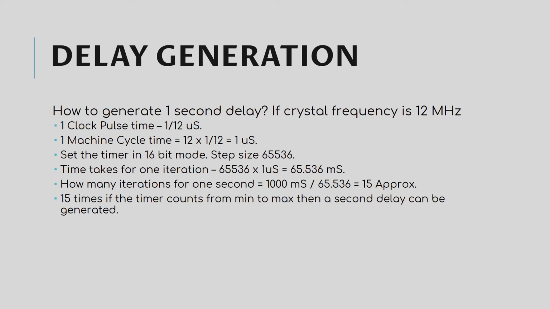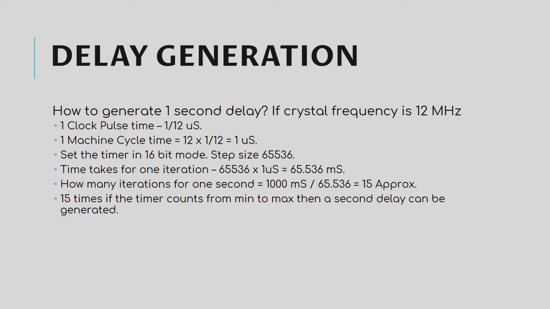Now this is the calculation of how we can generate a 1 second delay using a timer, and given the crystal frequency is 12 megahertz. Now at the first of this lesson, I have told you that in 8051 12 clock pulses are required for one machine cycle.